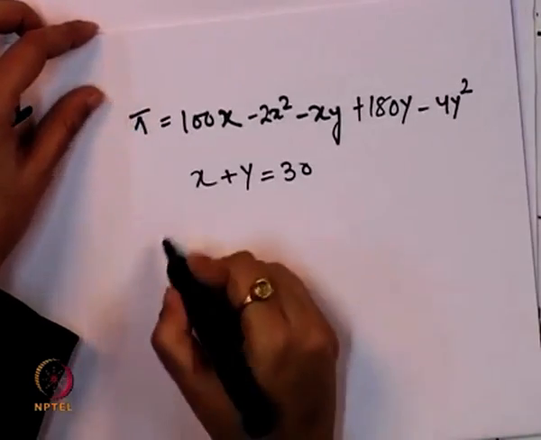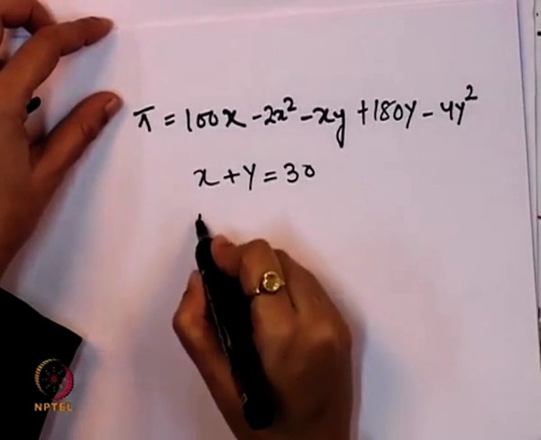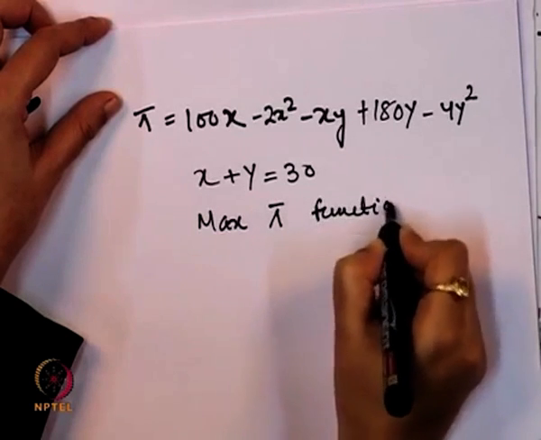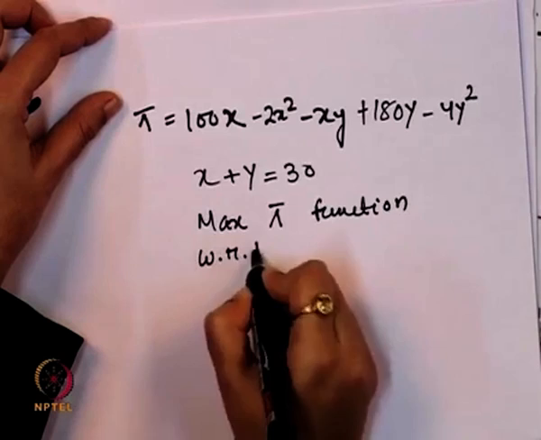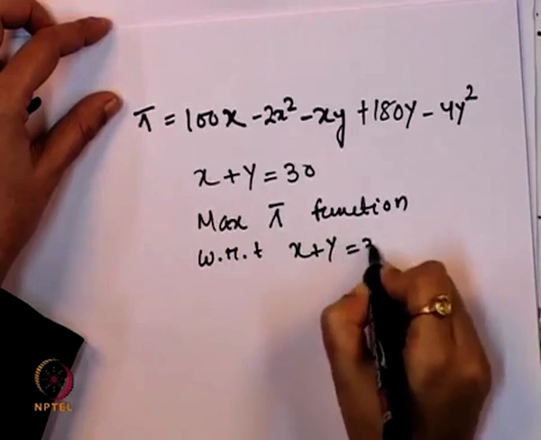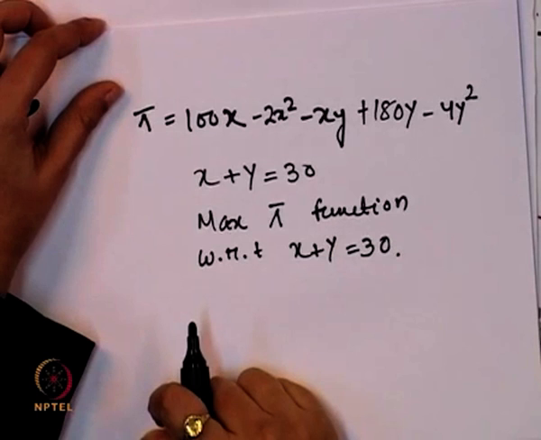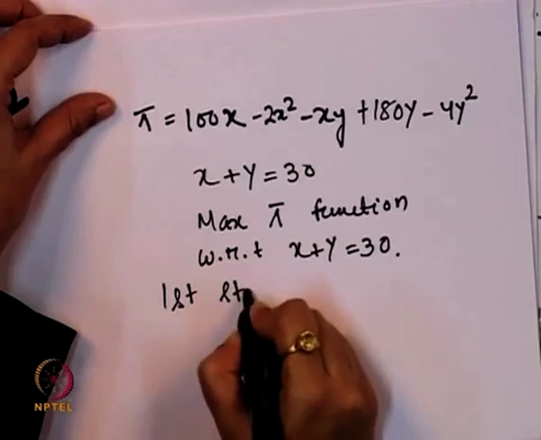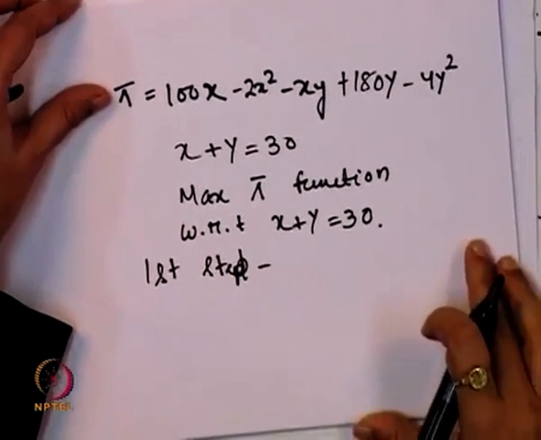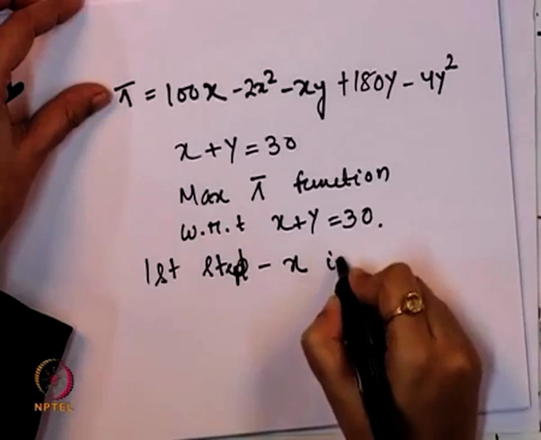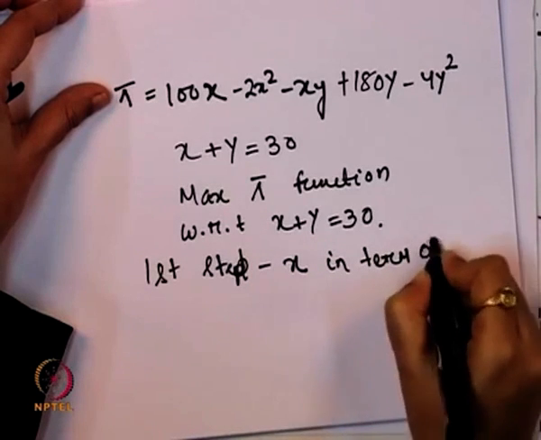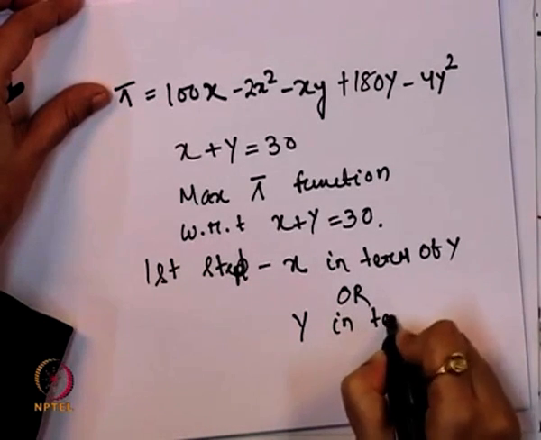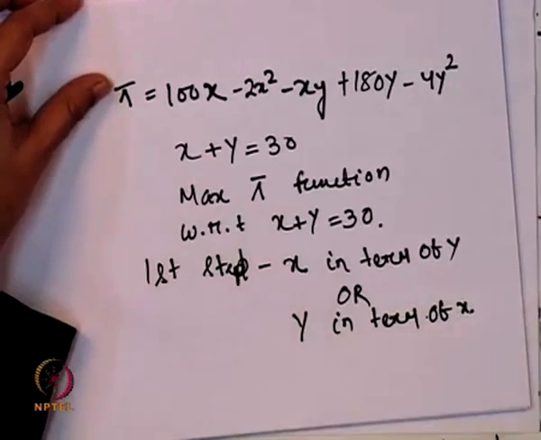So what is the optimization problem? The optimization problem is maximization of the profit function with respect to the constraint, that is x plus y, which is equal to 30. Okay, now how will we do this? The first step is we will express x in terms of y, or we can express y in terms of x.